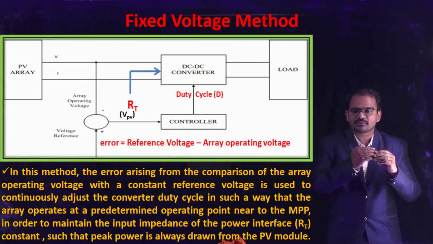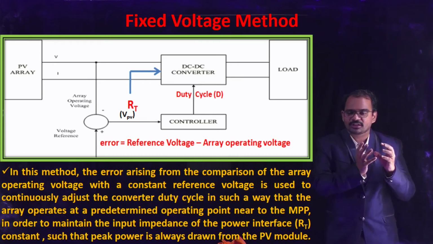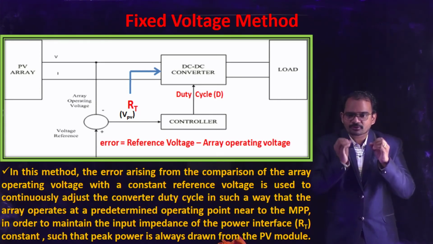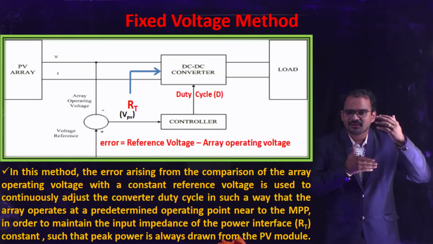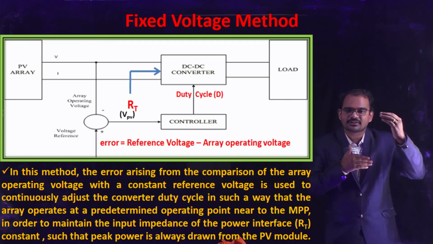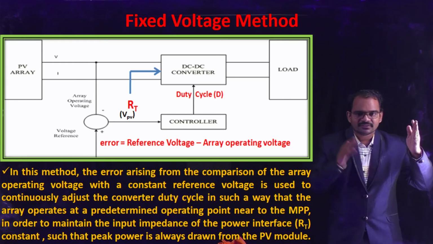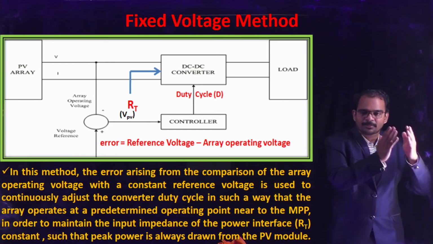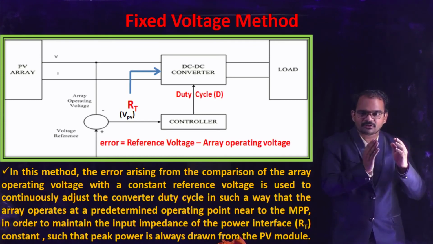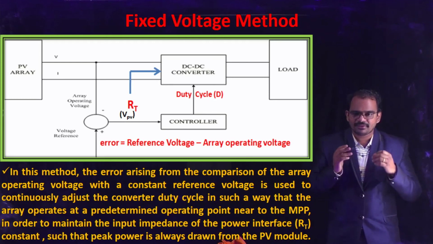So in order to do that, we will again use this error, that is the difference between the reference voltage and the array operating voltage, and this error is processed in a controller in order to deliver the appropriate duty cycle to the DC to DC converter, so that the converter increases the voltage from 17 volts to 19 volts, and by doing so the input impedance of the DC to DC converter block, that is RT, is kept constant. That is how the fixed voltage algorithm will work.